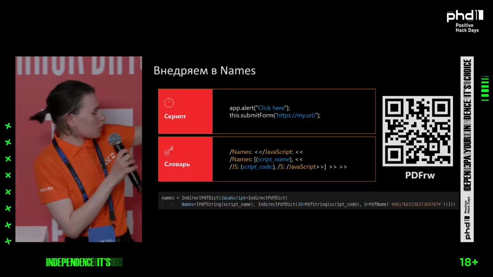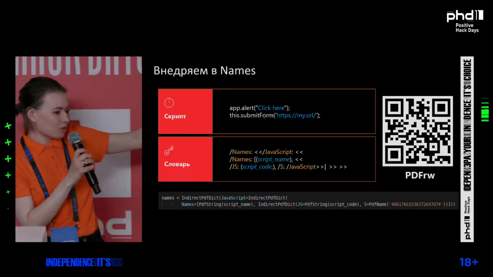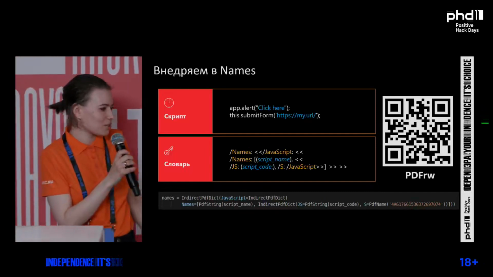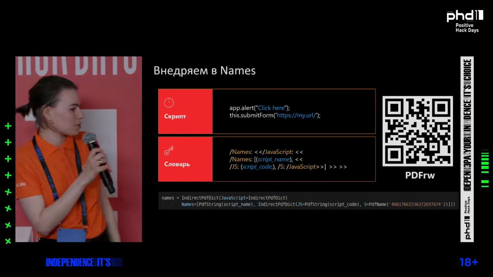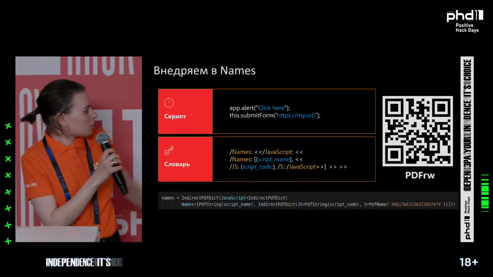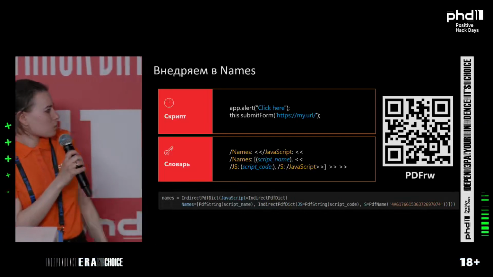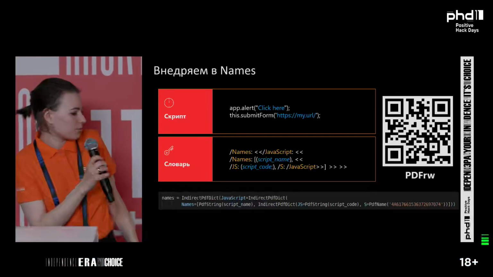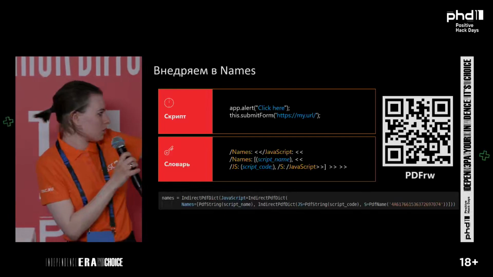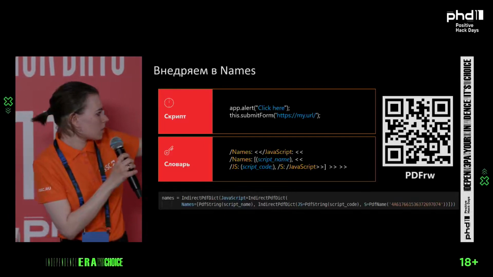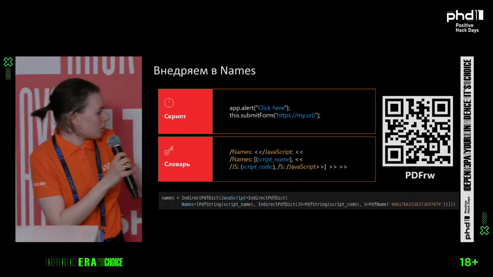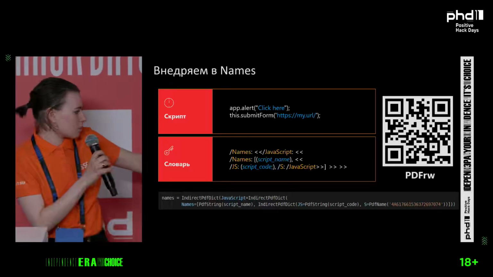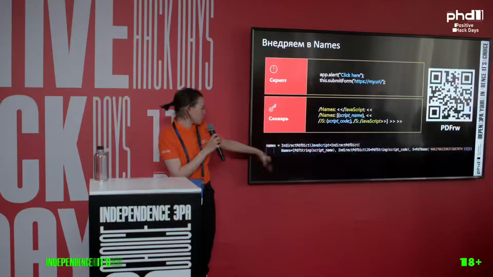I really liked this library with the repository, to which I have left the link on this particular slide. And we'll be adding a very simple code, app.alert. All the fonts, for example, have become unavailable, so we need to download the codes and fonts from some other resource. So this is what it looks like, a dictionary, a code, etc. This is what this string of code looks like.